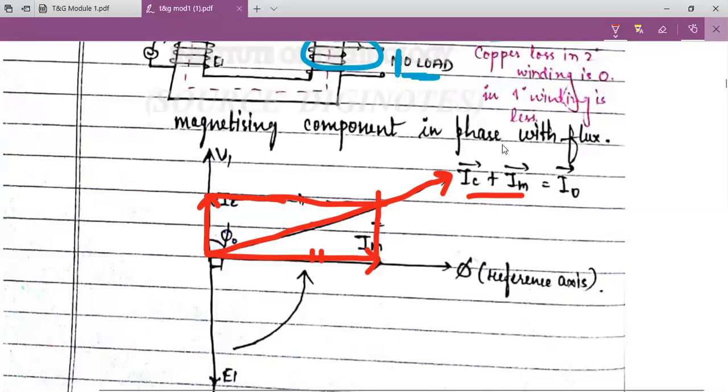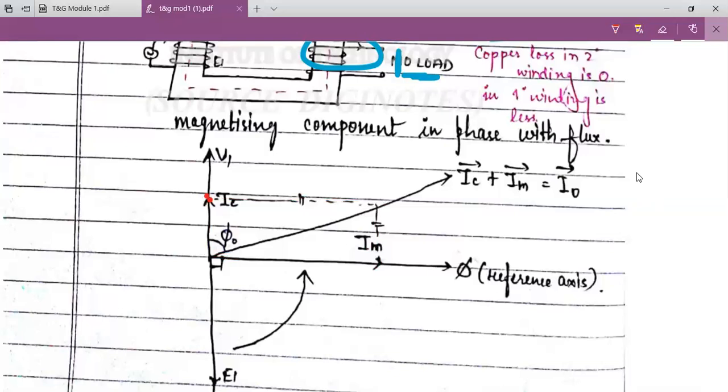Can you explain this phasor diagram? Yes, sir. First we have to give the reference axis, that is phi. Then IM, which is in phase with phi. IM is nothing but I1.